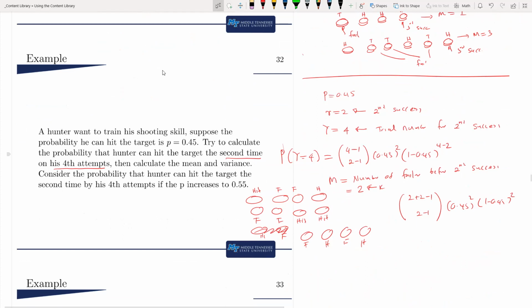So you can see that it's essentially the same. This is the probability that M equals 2 failures before the second success.